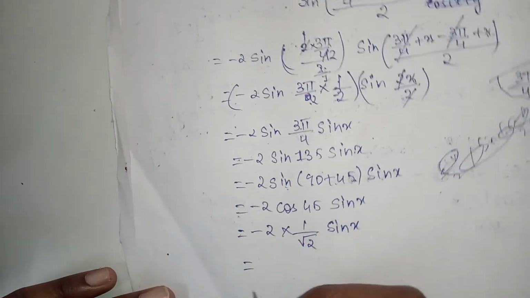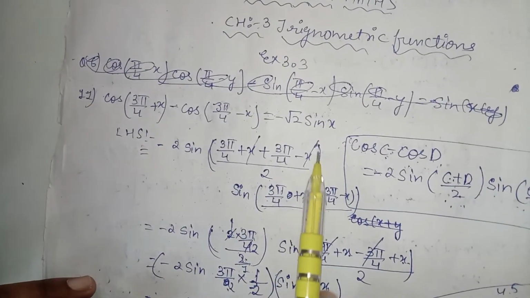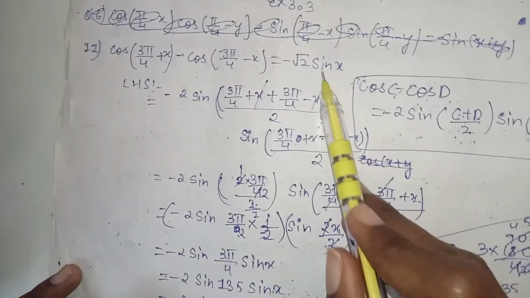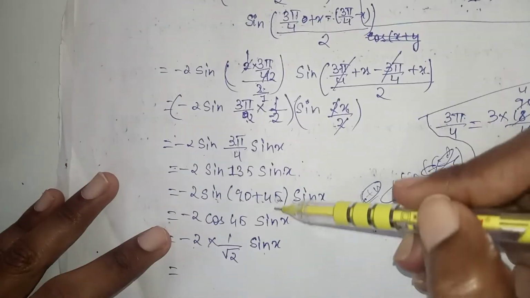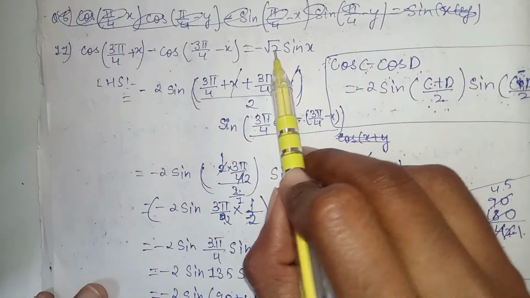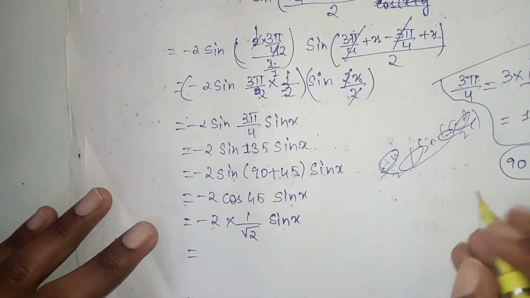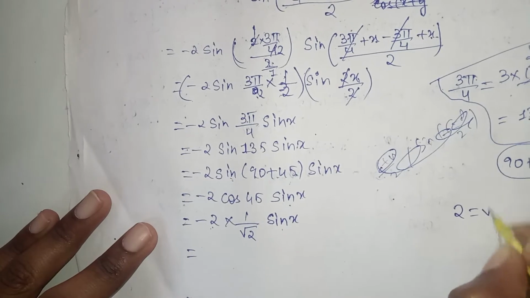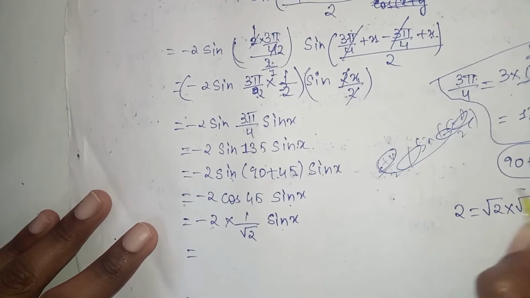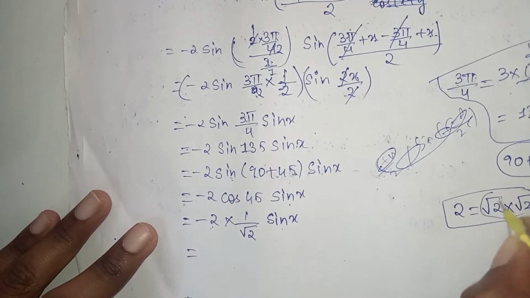And how are we going to solve? What we want is minus 2 sin x. So we got sin x. See, sin x we also got sin x. Just we want minus root 2. How are we going to get it? We know that 2, how can we write it? Root 2 into root 2, right? If we do root 2 into root 2, we get 2.